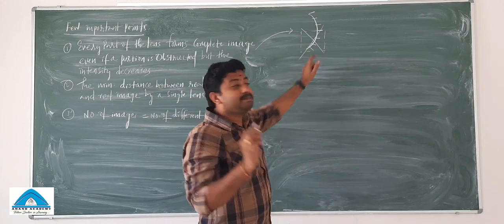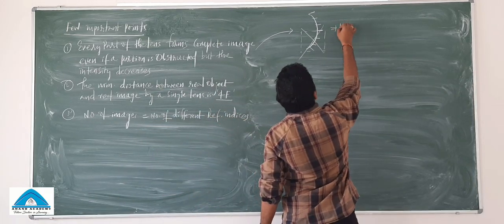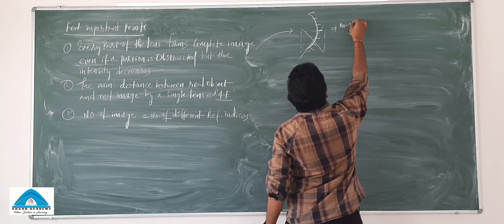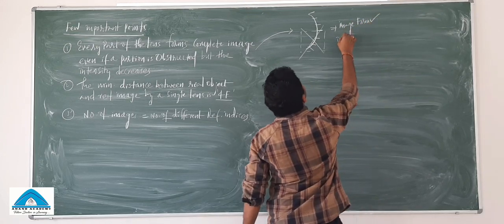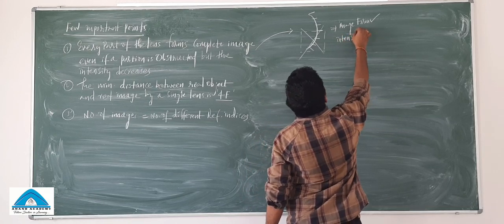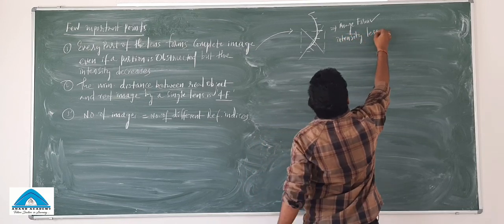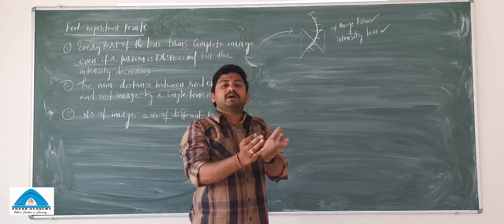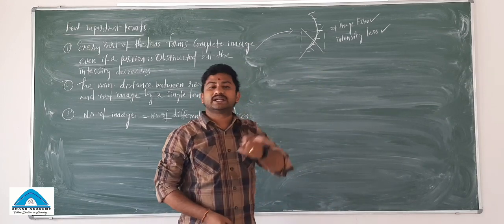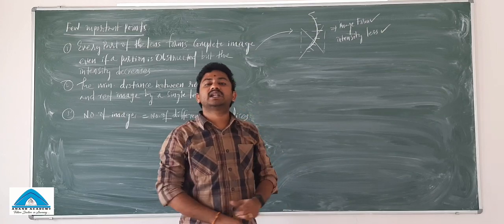But still the image forms, we had discussed it. The image forms in this case, but the intensity will be less. The brightness of the image will be less. I hope you remember this is the statement we have already discussed during spherical mirrors.